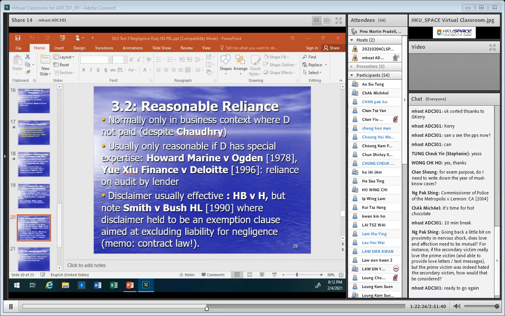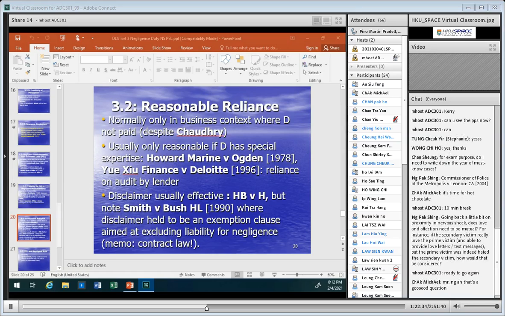And the two elements there are the assumption of responsibility by the person making the statement and then reasonable reliance by the person receiving the statement. So we looked at this element of assumption of responsibility before the break.